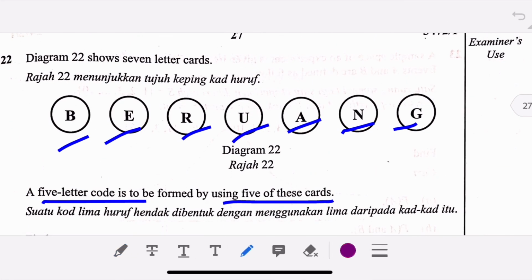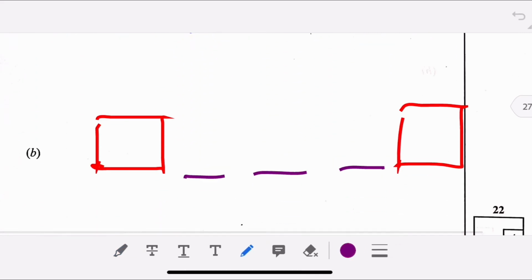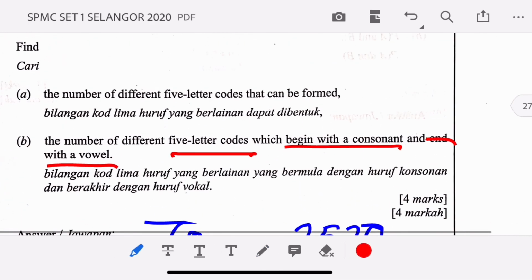B, B, R, N, G, so 1, 2, 3, 4. Out of 4 we will pick 1, so we have 4P1.